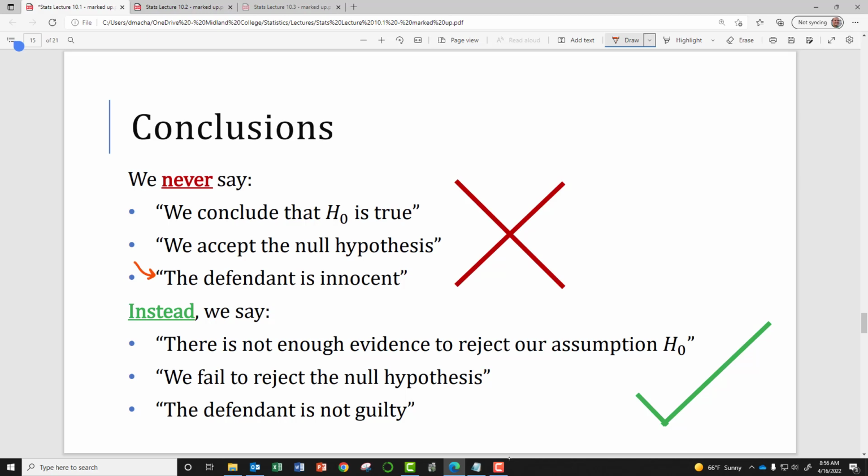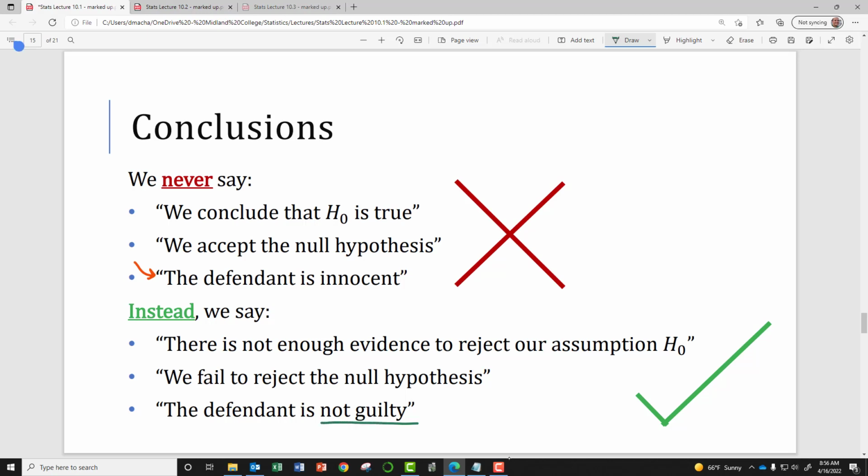Instead, the phrases we would use in the language of statistical hypothesis testing are these. We would say, well, there's not enough evidence to reject our baseline assumption. We might say that we fail to reject the null hypothesis. And we would say again that the defendant is not guilty.